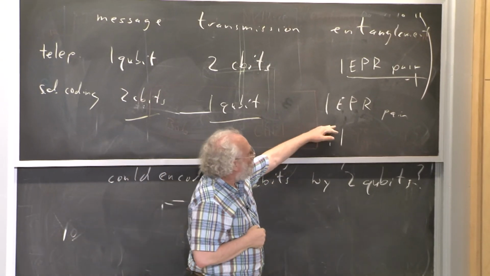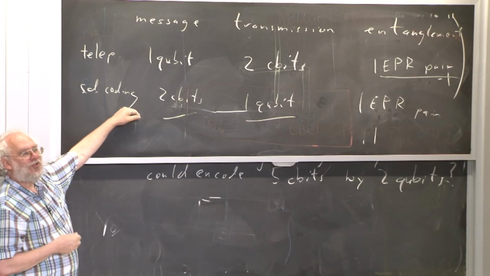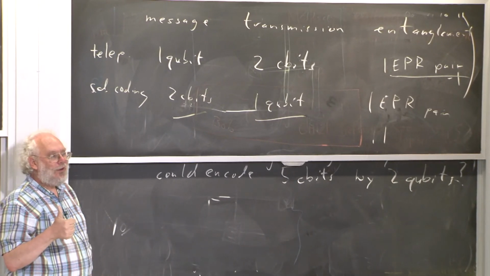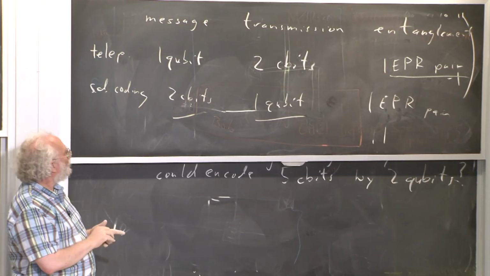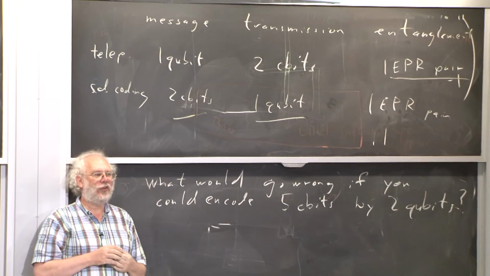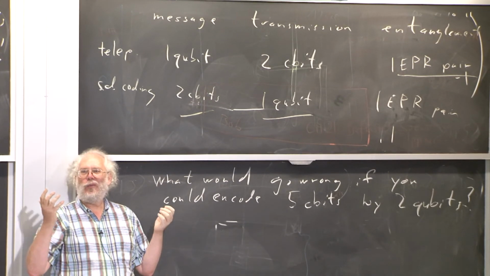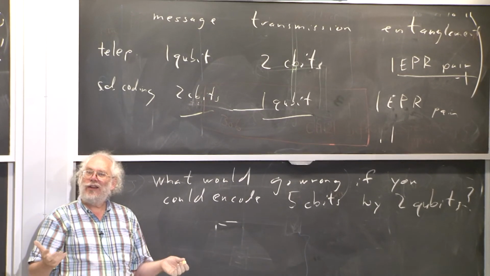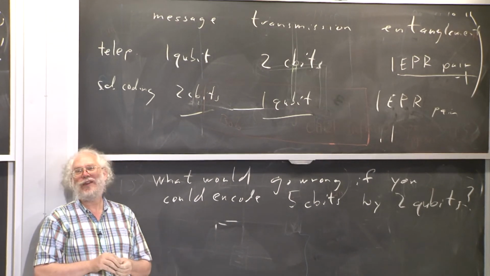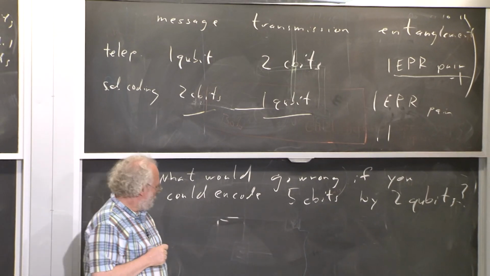So if you could do better than this, you would break Holevo's theorem, which says 1 qubit can only encode 1 classical bit. We're not going to get to this in this class, but if you take Ike's advanced quantum information class, I forget what it's called, he will cover it. Okay.